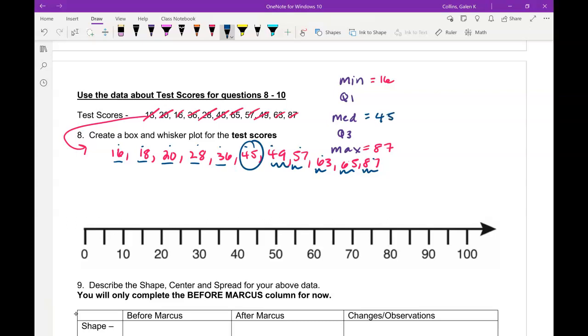So now when we are trying to find our first quartile, it is going to be the median value of just the left-hand side of the data. If we consider our data to the left of the median, we have an odd number of data here. And so it's really like I'm finding the median of this data set.